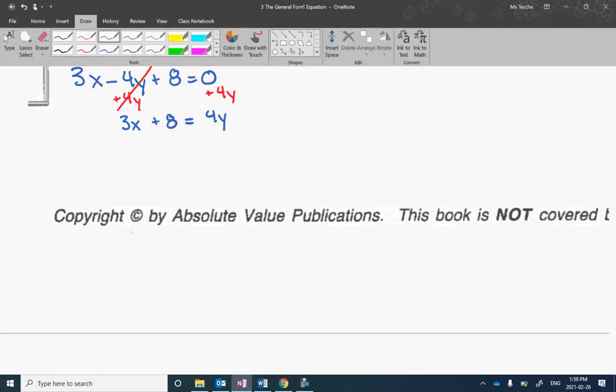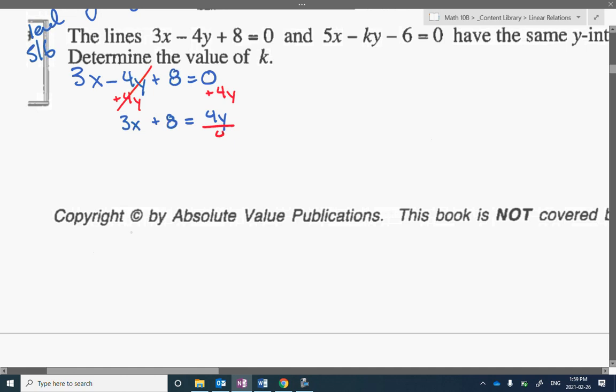Now I'm going to divide everything by 4 to cancel that out. So then I get 3/4 x, 8 divided by 4 is 2. So we know the y-intercept of both of these is going to be at 2.